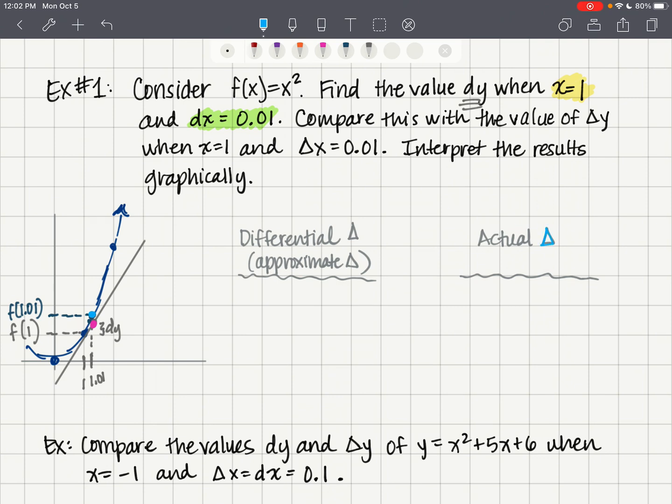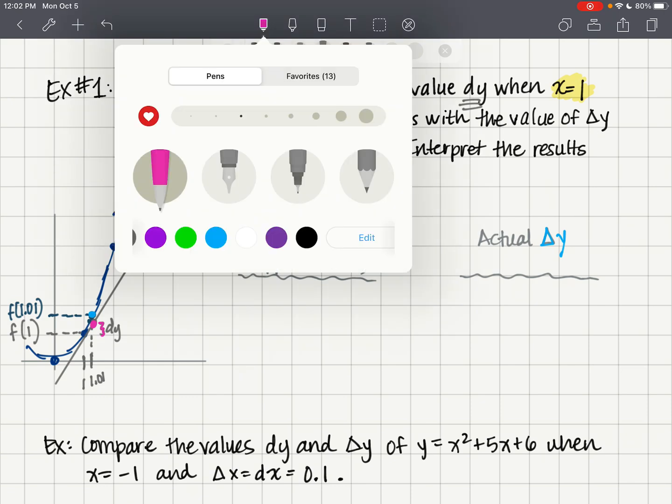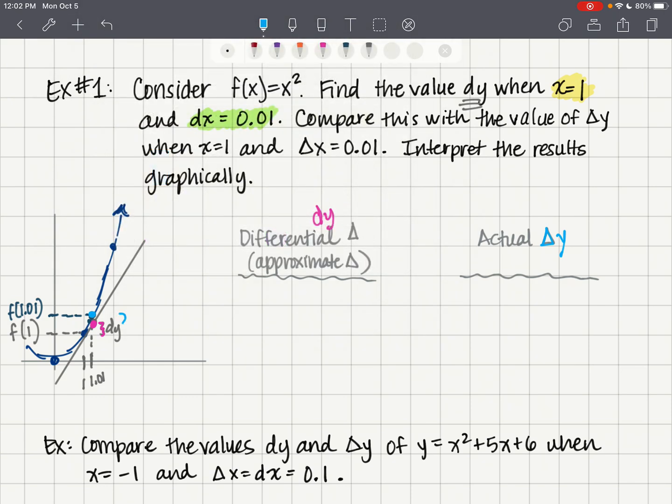So this blue one is going to be the actual delta y. And this differential is going to be your dy. So here's your dy, and then your delta y. Your delta y is going to be just a little bit bigger than that, because it's going to have a higher output than your pink output.